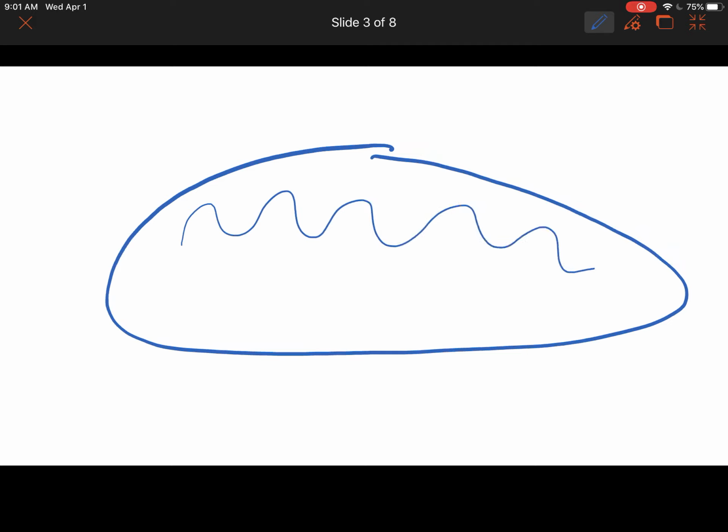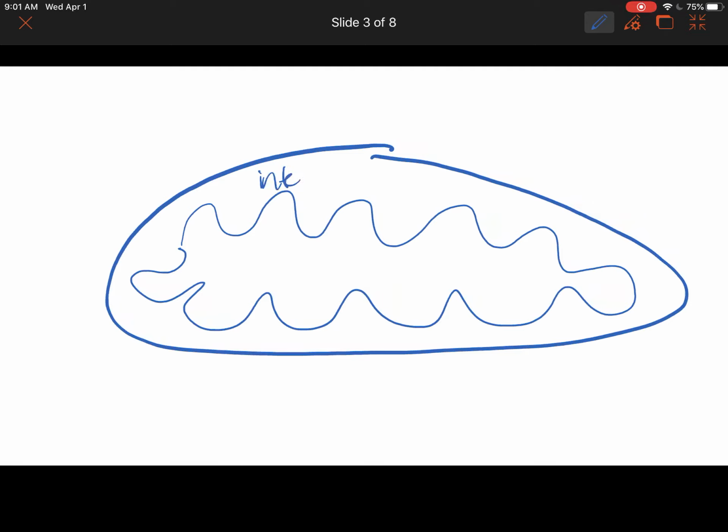All right, so just to reiterate, we've got the outer membrane of the mitochondria. We've got the inner membrane of the mitochondria, which is very highly folded, okay? Between the two membranes is the intermembrane space. And then the region enclosed by the inner membrane is the matrix.